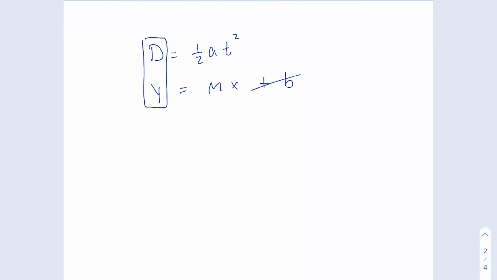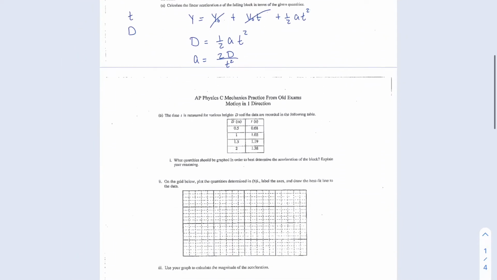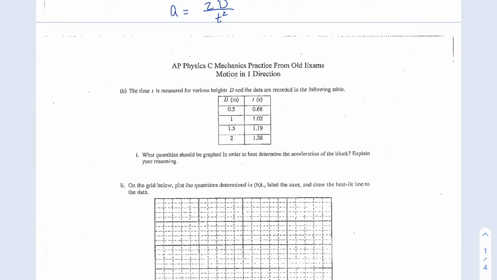So we're going to graph distance on the y-axis. We're going to graph time squared on the x-axis. And then the value that's left is going to be equal to the slope. So this is the best way to use the quantities given to figure out what the acceleration is going to be. So our answer here is we are going to graph the distance versus time squared.